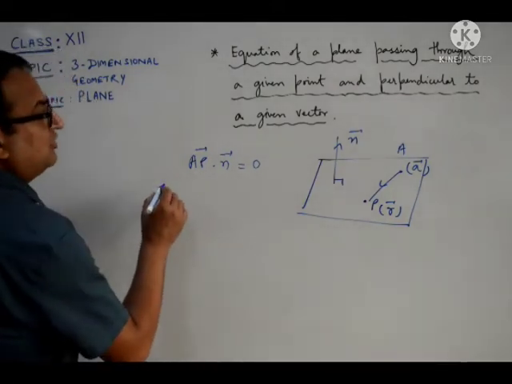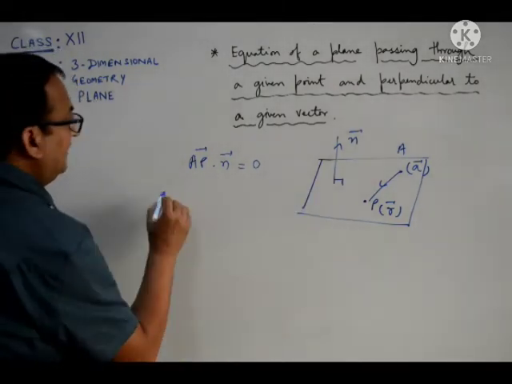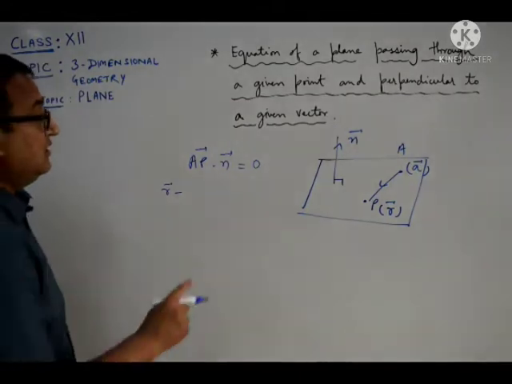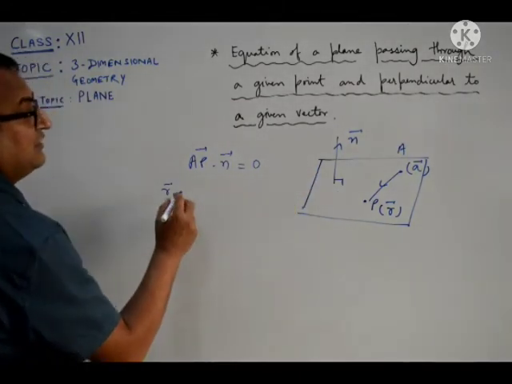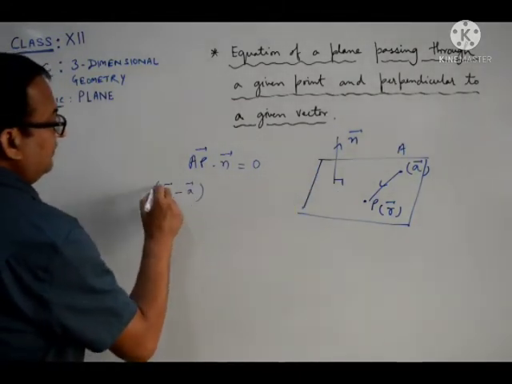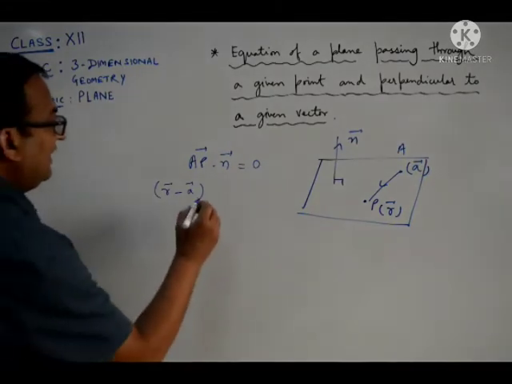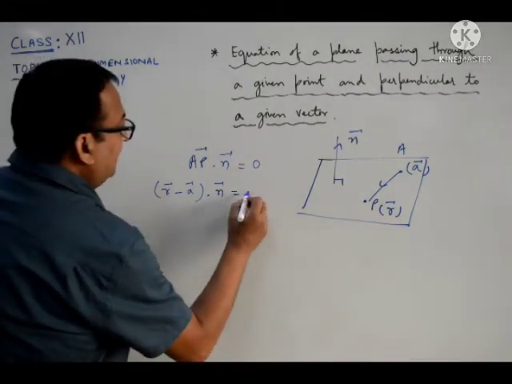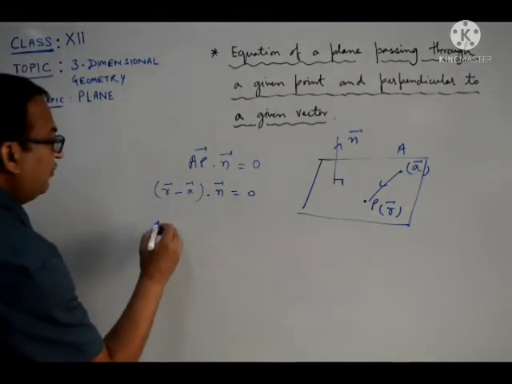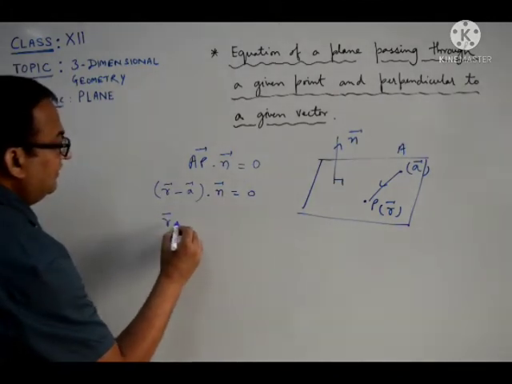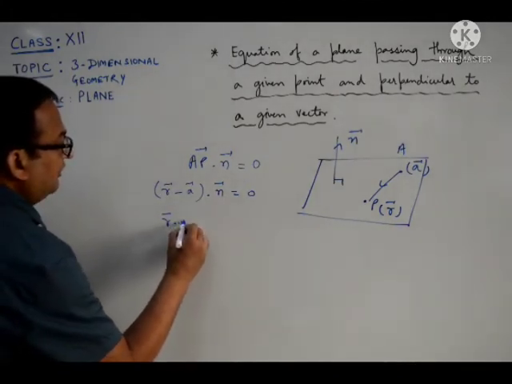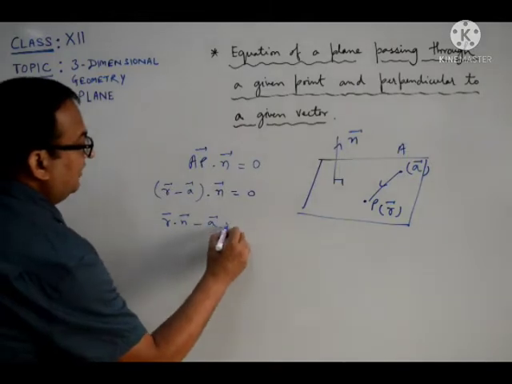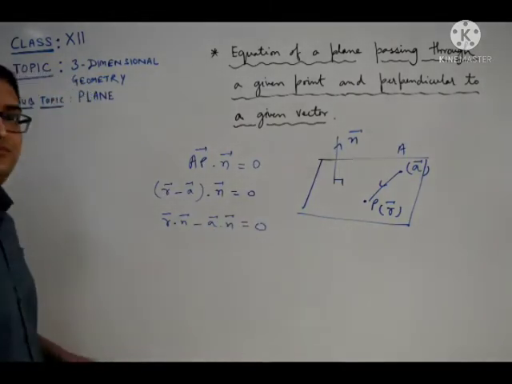AP vector is the position vector of point P, that is R, minus the position vector of the initial point A. So this is AP vector, and AP dot n vector is equal to 0. From here we have R dot n minus A dot n is equal to 0.